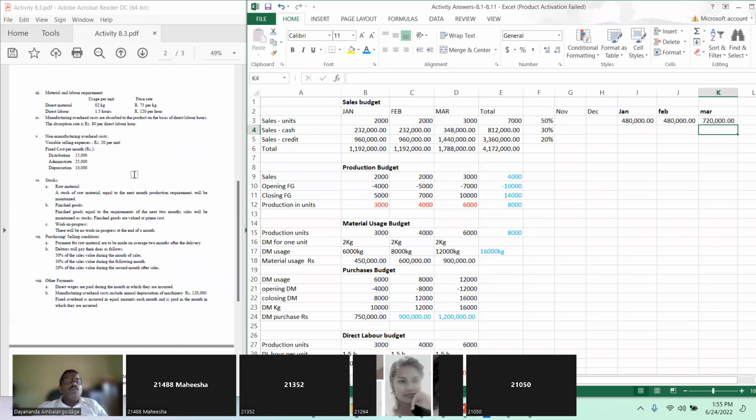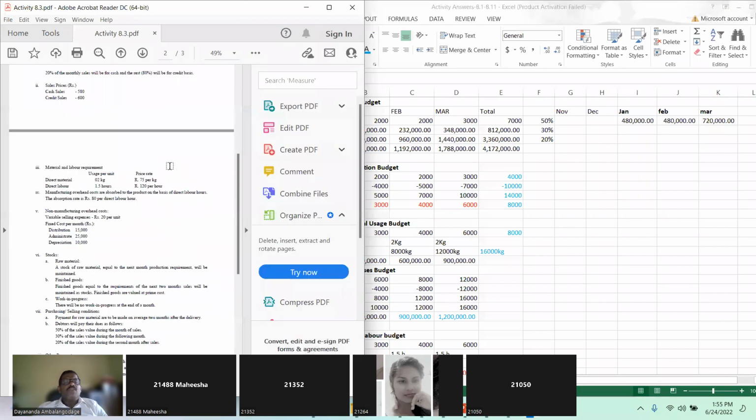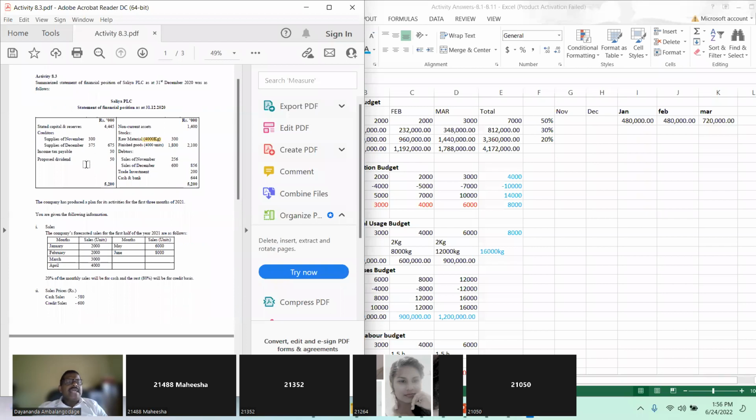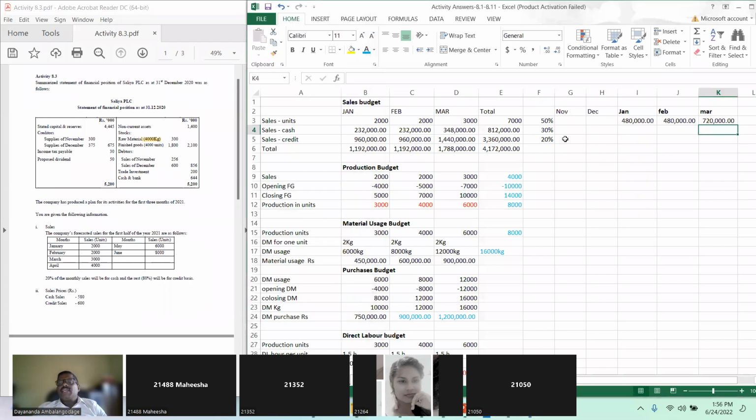But when you look at the balance sheet, you see that November sales 250, which is equal to 20%, this 256, so you will get that one in January, 256.